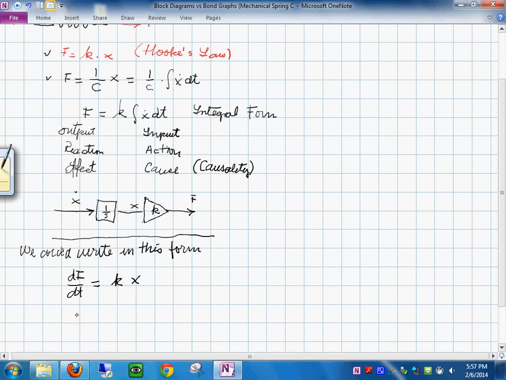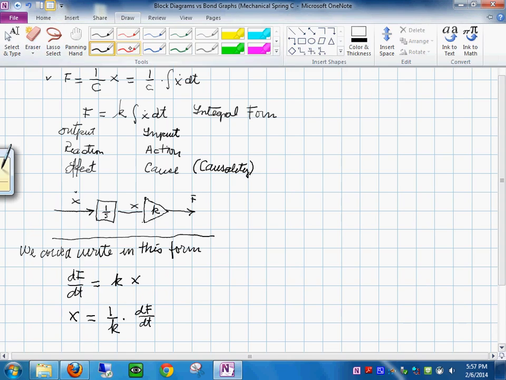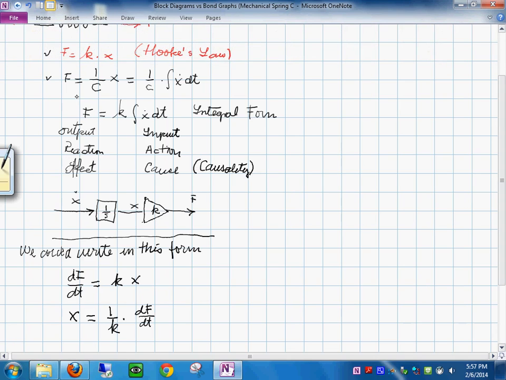So I can write that x dot is 1 over k times dF/dt. And I am going to put a little frame around both of those forms. This one right here is obviously the integral form, and this one right here is the derivative form.